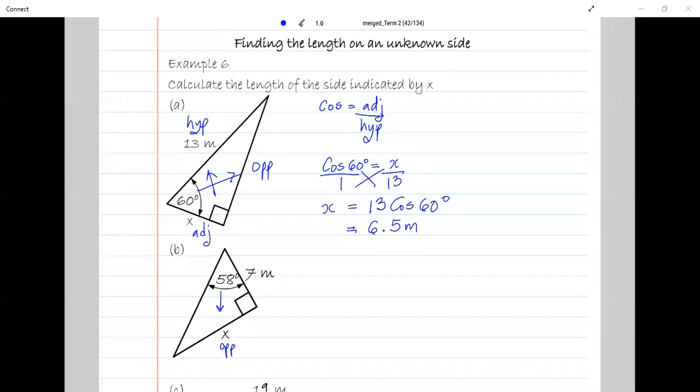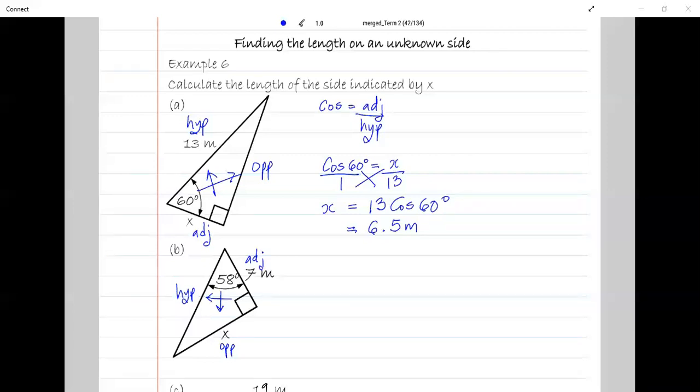The side in front of the right angle is the hypotenuse. And so the other side where the 7 is the side that is adjacent to the angle. So the two sides that are involved in the question are the opposite side and the adjacent side.